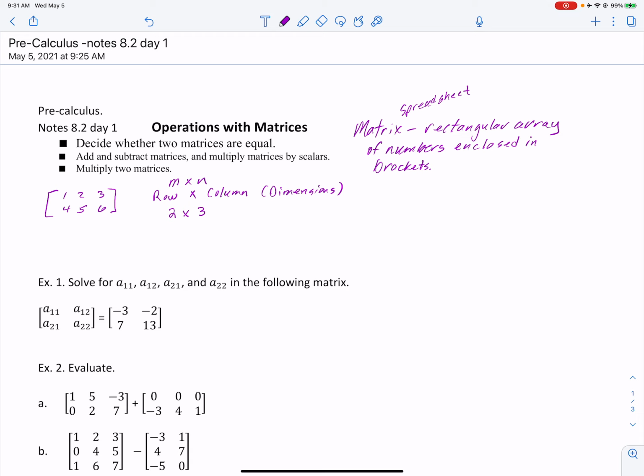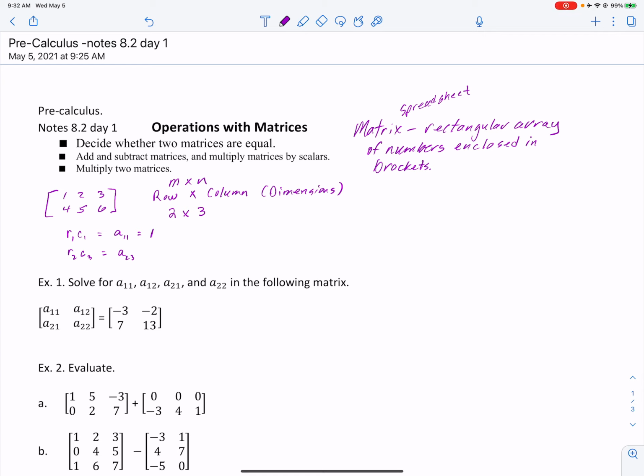Some other notations. So if we have row 1 and column 1, we're going to call that the element A11. If we have row 2, column 3, we're going to call that A sub 2, 3, second row, third column. And the first one, A11, first row, first column, that element is 1.